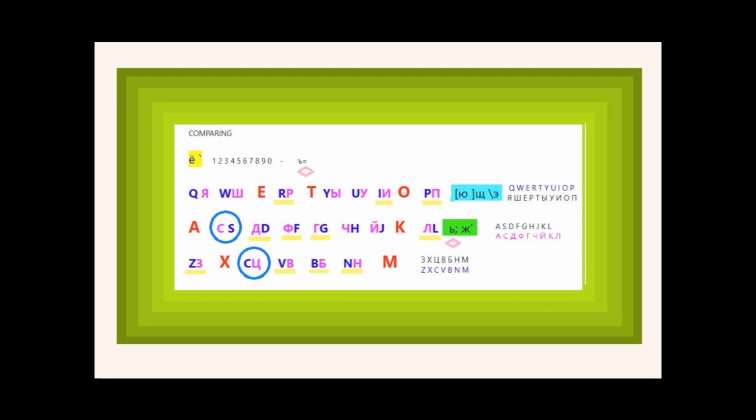In English, we don't have this consonant written in the Latin alphabet, but we do have the sound: pleasure, measure. We have to express it with a few letters. In Russian, we have a letter for that.